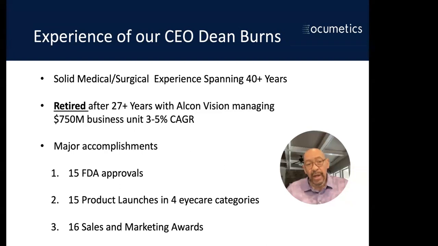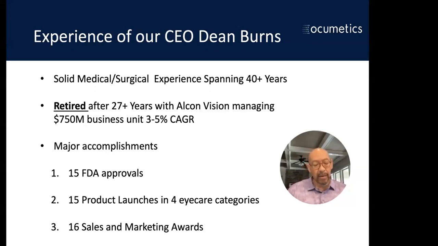And through my career, my accomplishments is I've achieved 15 FDA approvals. A person in my space probably gets 1 or 2 FDA approvals. I stayed around long enough and did some pretty unique things in my career where I have 15 under my belt, 15 product launches in 5 different eye care categories.